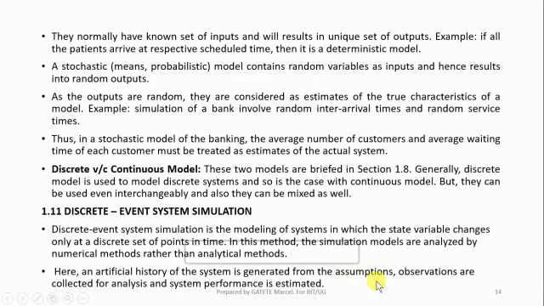After having assumptions, we will observe the results, and then after observing the results, we will analyze them. After analyzing them, we will estimate the performance of the system. It means that according to the data generated, we can evaluate the performance of the system.